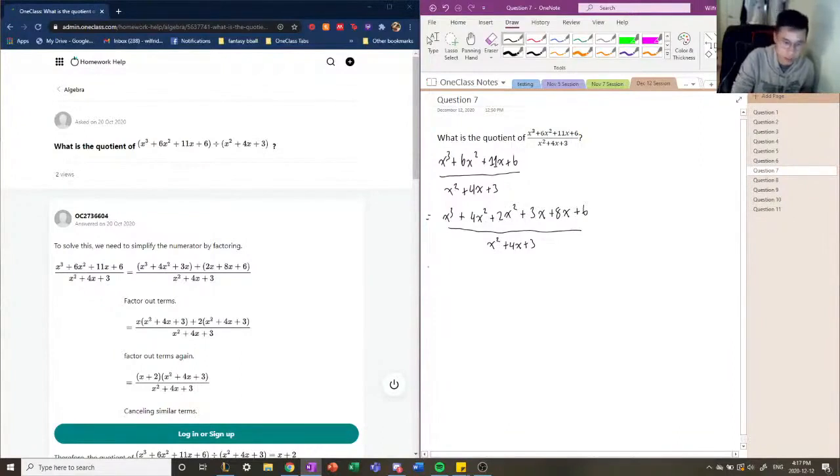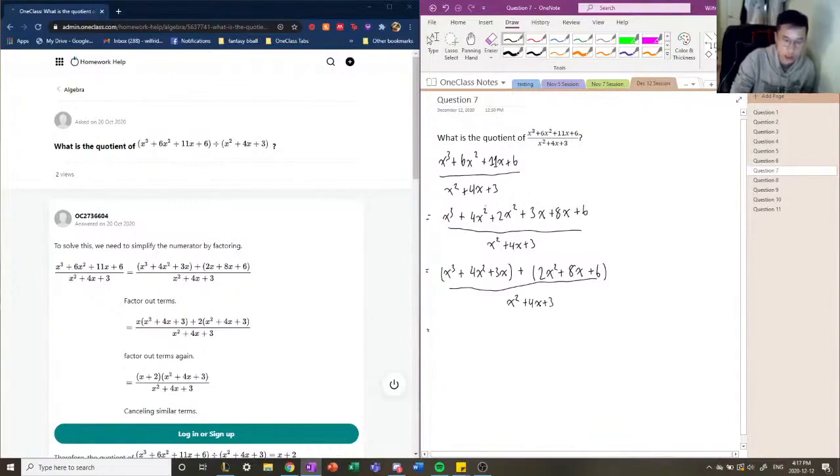So we would get x cubed plus 4x squared plus 3x in a bracket. I'm going to signify the grouping by bracketing them. And this is going to be 2x squared plus 8x plus 6, all divided by x squared plus 4x plus 3.